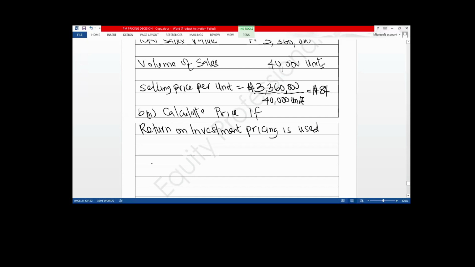In this case, first we are going to determine total investments. Now go and look at that question and the data. What is the investment in non-current assets? How much? 2 million. That means the company must invest 2 million to acquire non-current assets.